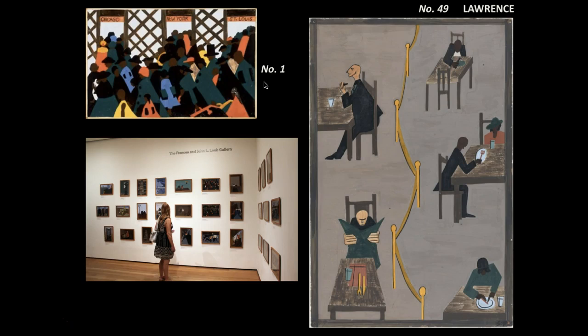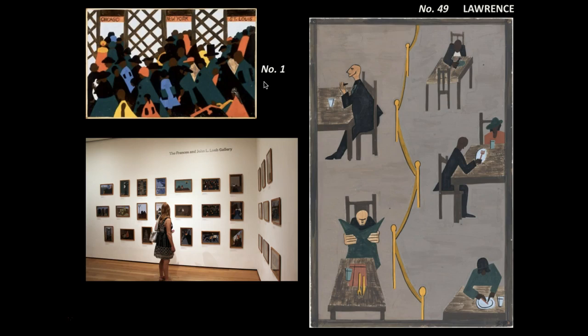This one on the top looks like a bunch of African American people getting onto trains and headed for distant areas, including Chicago, New York, St. Louis. It's hard to move, especially if your whole family is in the South.